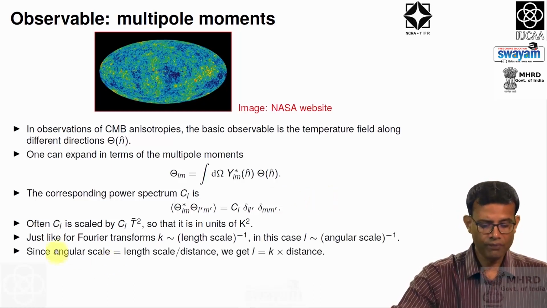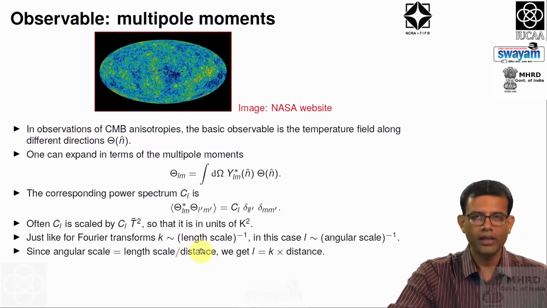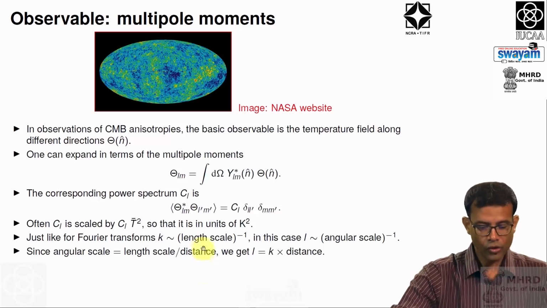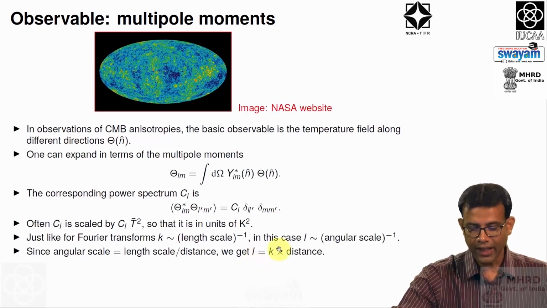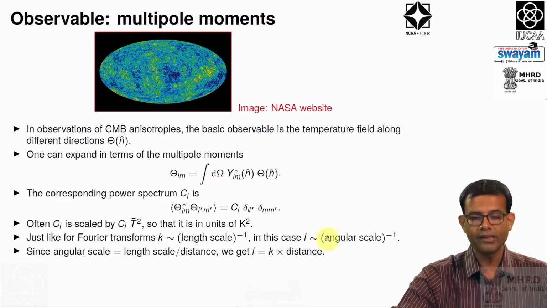Now, we also know that angular scales and length scales are related by a relation like: the angular scale is the length scale divided by distance. For example, it can be the angular diameter distance, if you remember our previous lectures. So, if we write that, you can see that L and K get related by something like this: L will be K times the distance to the object, or to the redshift where you are measuring.